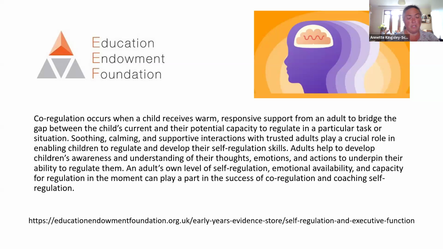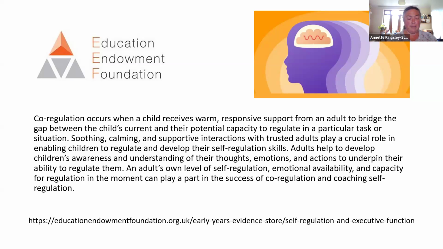Adults help to develop children's awareness and understanding of their thoughts, emotions, and actions to underpin their ability to regulate them. An adult's own level of self-regulation, emotional availability, and capacity for regulation in the moment can play a part in the success of co-regulation and coaching self-regulation.